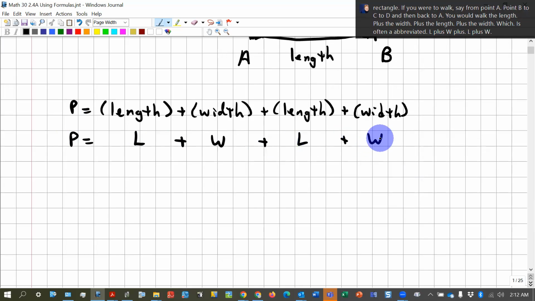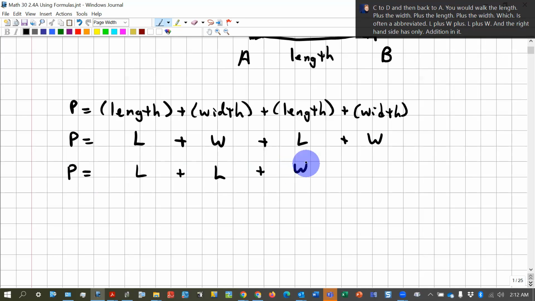And the right-hand side has only addition in it. And so we may change the order of the terms.